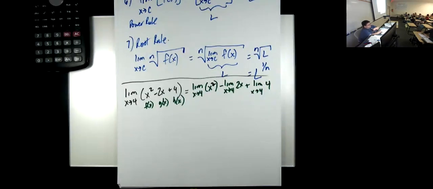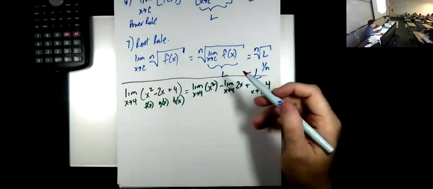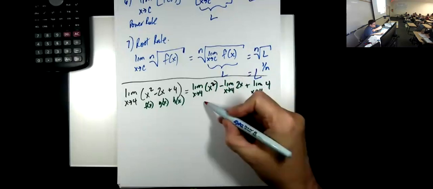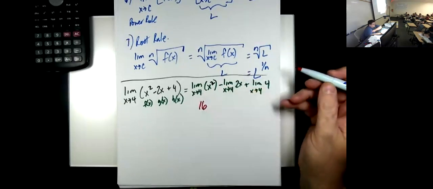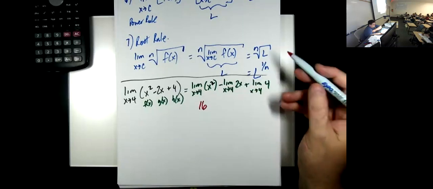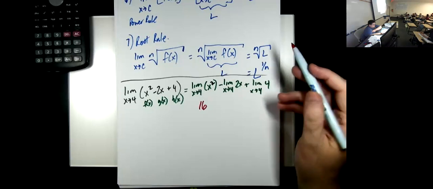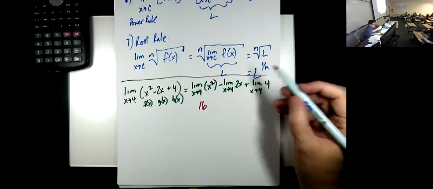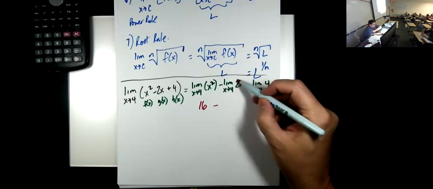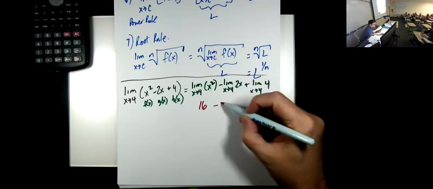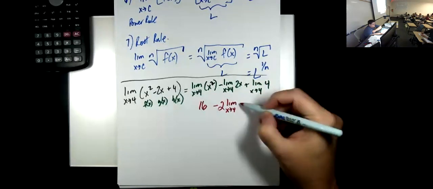If we look at the limit as x approaches 4 of x squared, we could do it from the left and the right, and you're going to see that this equals actually the value at 4 squared, which is 16. Here, I could actually break this down a step further. 2 is a constant times x. I could put the 2 outside, like that.